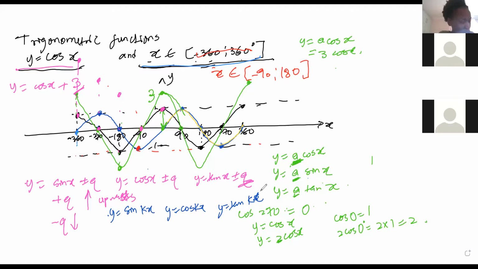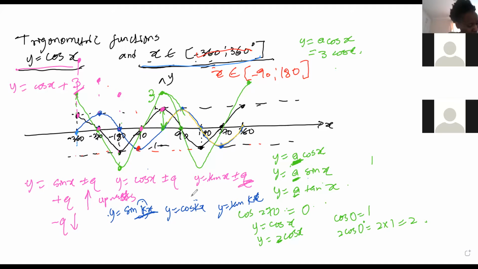So here, your k changes the period. It stretches or compresses the graph, because instead of 0 you now have 0 times the value k. Instead of 90, now it's going to be 90 times that value. If maybe it was 2, then it's 90 times 2.